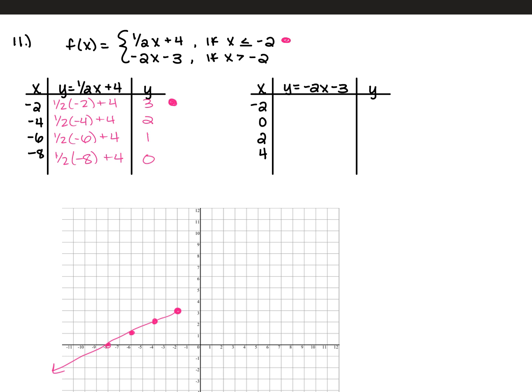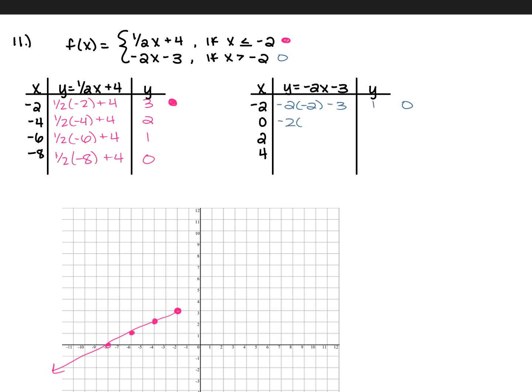And then we move on to the next. For the next one, we have that x is greater than negative 2. So that one means open circle. So we're going to use values of negative 2, 0, 2, and 4 in negative 2x minus 3. So if we start with the negative 2, that's negative 2 times negative 2, which is positive 4, minus 3 is 1.